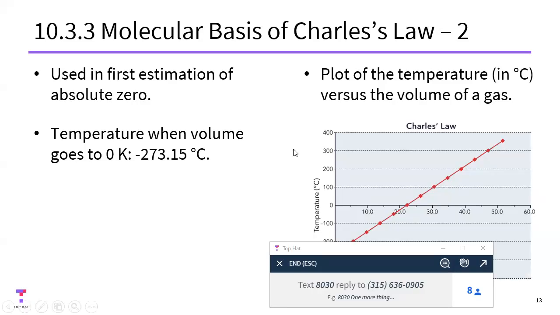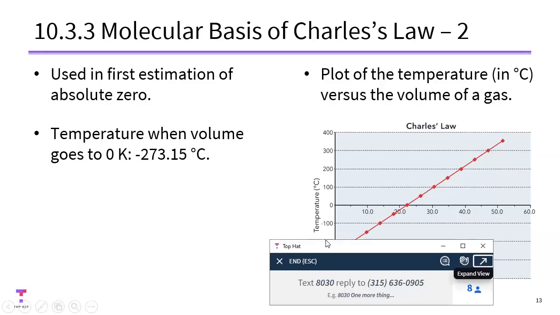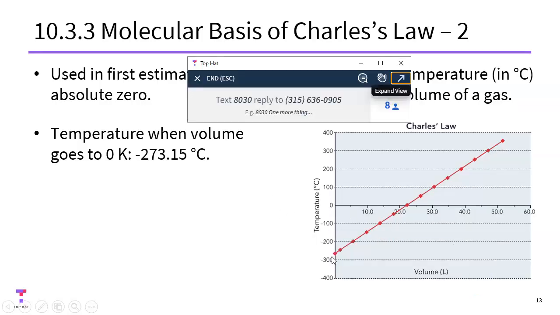If you forecast that graph down to where the volume is equal to 0, that's where we get our absolute zero temperature at negative 273.15. It's an extrapolation. We're able to measure all of this. You can't measure that directly, but we can imagine that if it's linear through this point, it's probably linear all the way down to the end. And that's how we came up with the value.